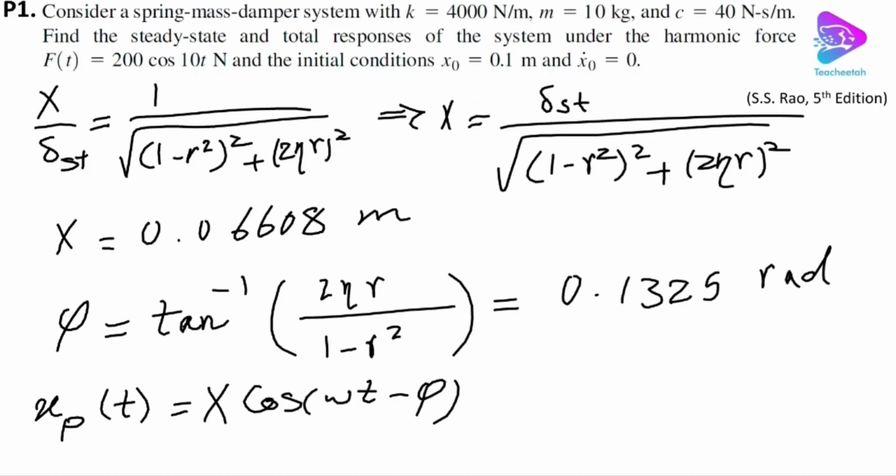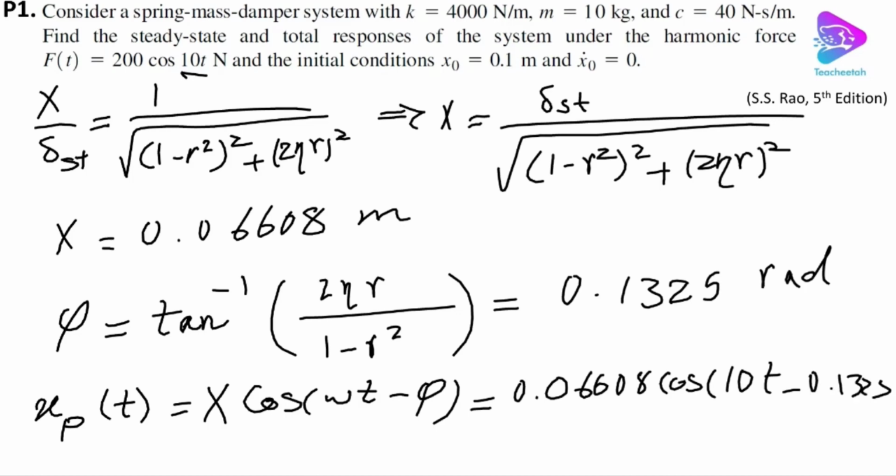So in fact, the system after a while vibrates with the same frequency as the excitation. So if we use the numbers we have before, it's equal to 0.06608 cos, and omega is 10 t, you see omega is here, minus the phase, 0.1325. That's it.